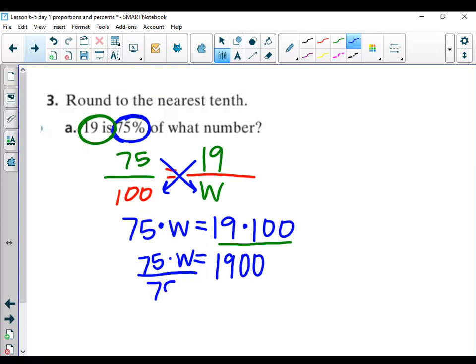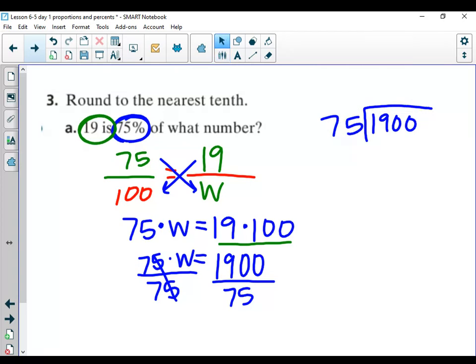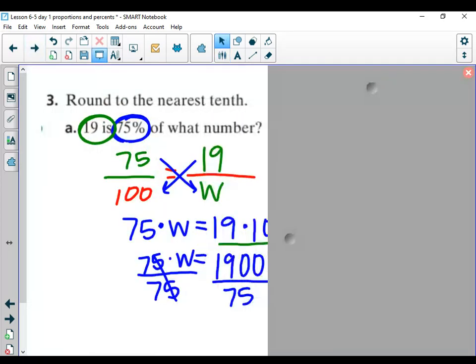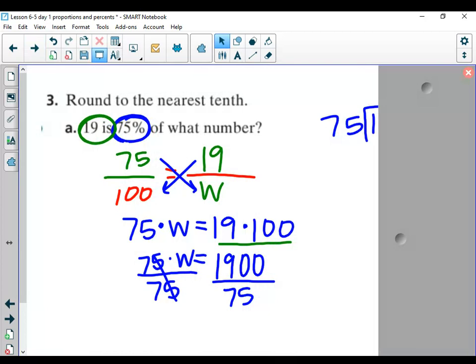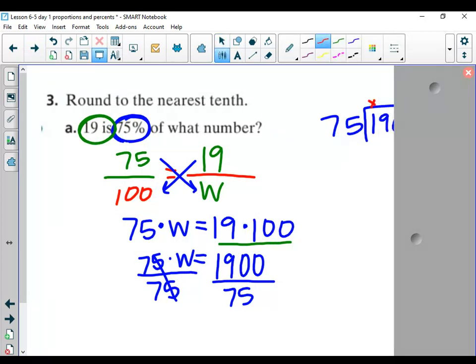I don't know, but I can divide to find it. 75 does not fit into 1 or 19 or 190.